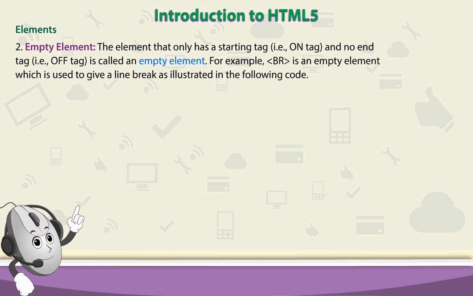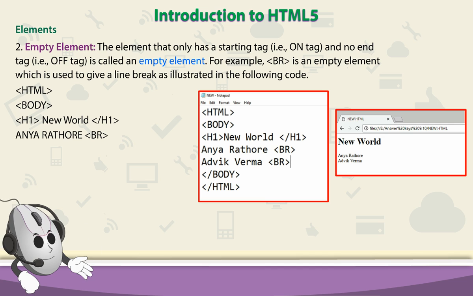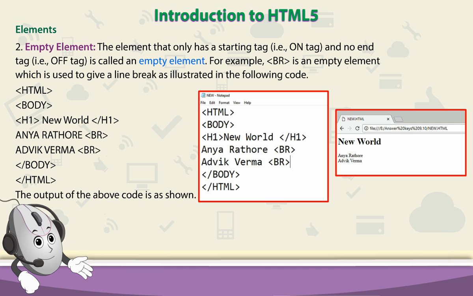For example, BR is an empty element which is used to give a line break as illustrated in the following code. <html>, <body>, <h1>New World</h1>, Anya Rathore, <br>, Advik Verma, <br>, </body>, </html>. The output of the above code is as shown.